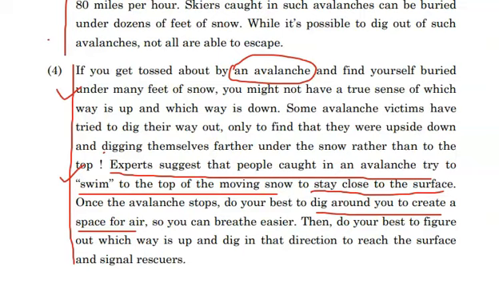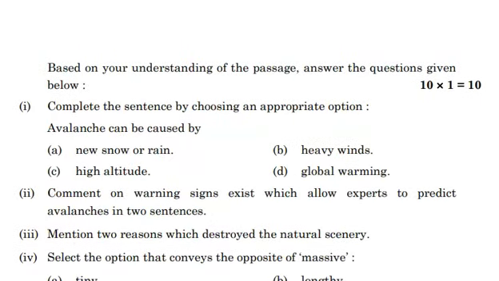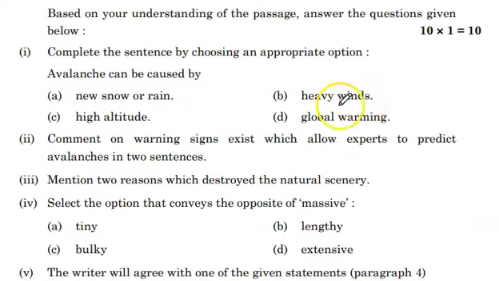Now on the basis of your understanding of this passage, let us answer these questions and see how these questions have been set. Complete the sentence by choosing an appropriate option. An avalanche can be caused by... So you can easily understand that this question has been set on the second paragraph.